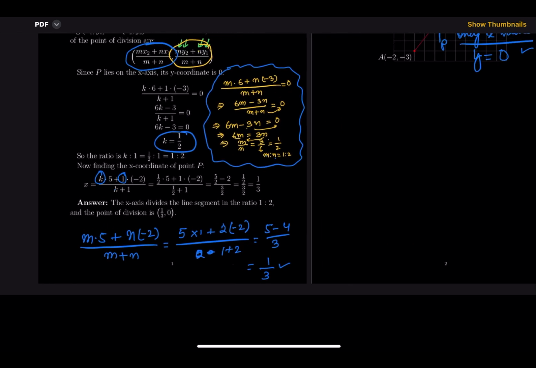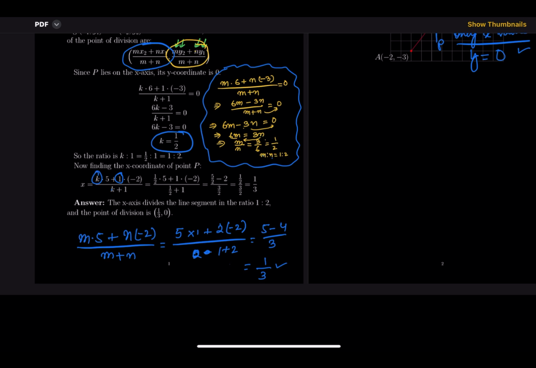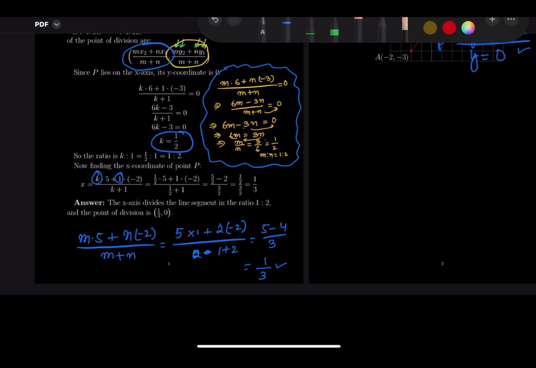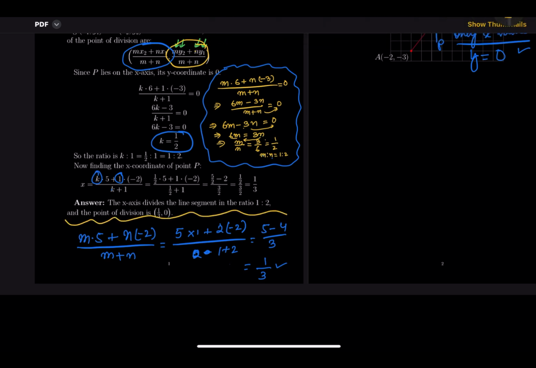So I got 1 by 3. You can write another way like this also. This is another way of writing. Don't forget to write x equal to. You can do it like this also.